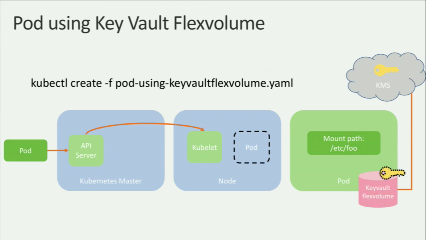When a kubelet is creating a pod and sees that you want to mount a Key Vault Flexvolume, it looks for that driver in the file system. The driver then does the actual work to grab the secrets, keys or certificates that you want from an external KMS, and mounts that data into your container.